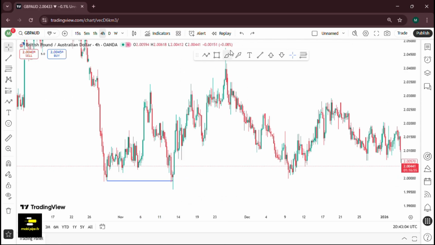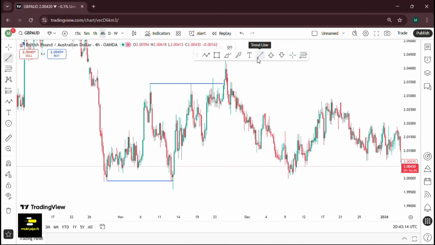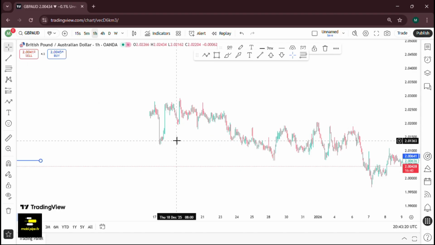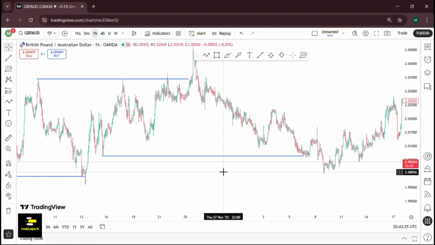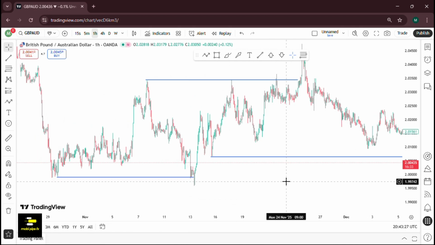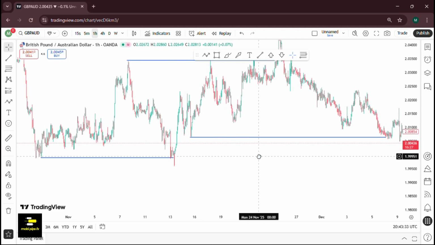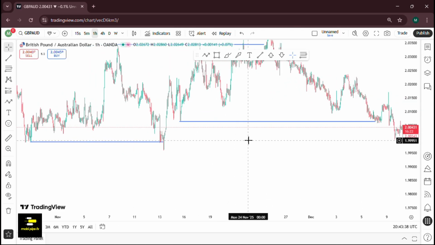Our sweep happened. Our BOS took place here. We had structural liquidity formed right here. I think you see it better on the 1 hour. Great. And structural liquidity right here. So where is our POI?